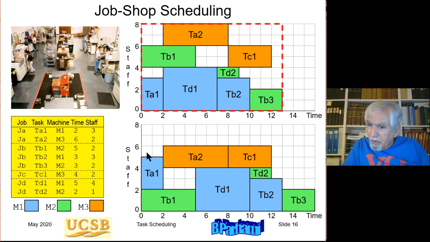Again, if we pay employees by the hour, then 96 is basically the total staff cost for this. This one is 8 times 13. 8 times 13 is 104. Okay, so in that sense, the second schedule is better, although still there's no guarantee that it's the best possible.